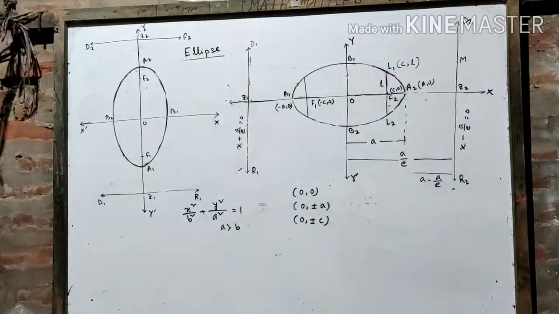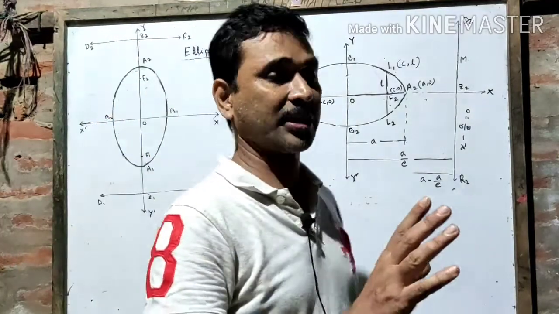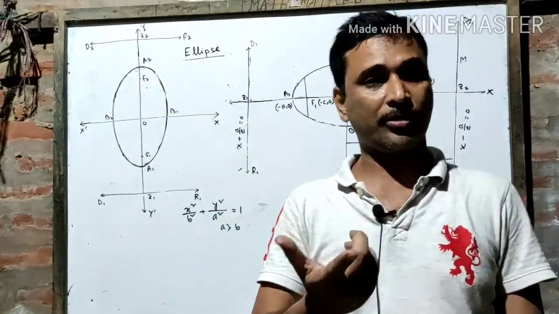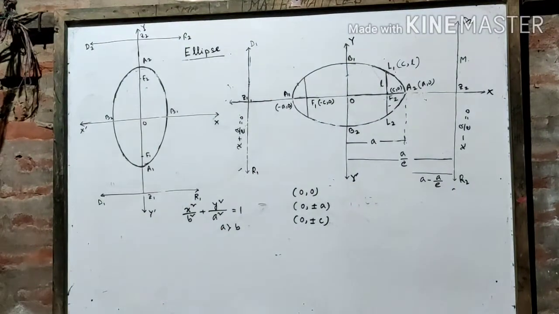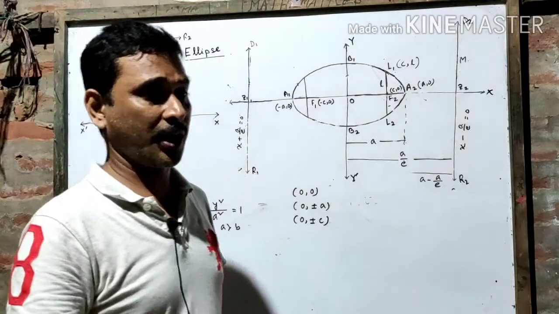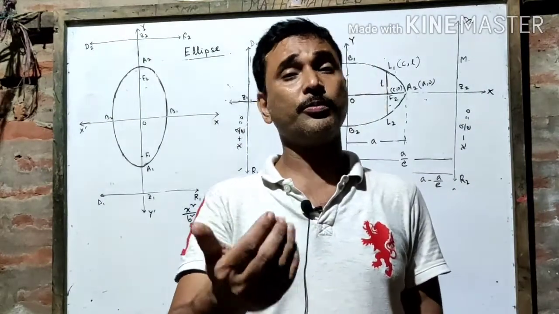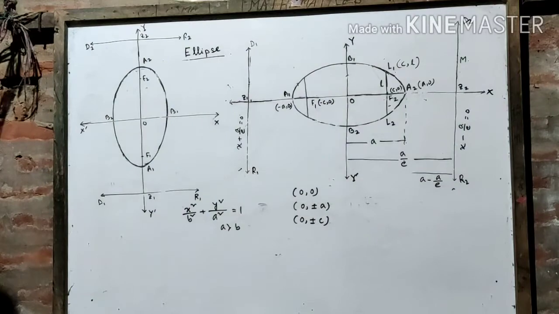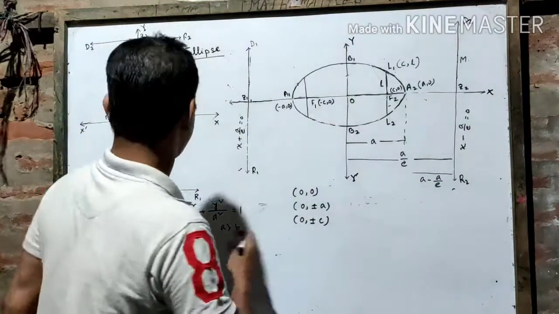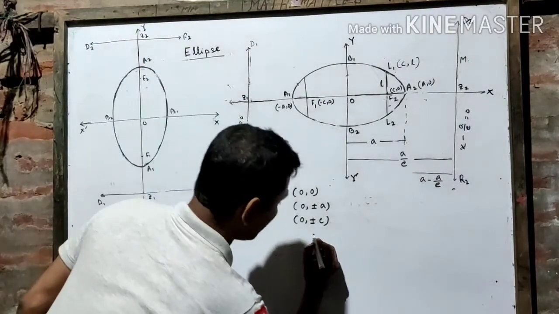Now let's come to the lengths. Length will remain the same. What is the length of major axis? Length of major axis is twice a, length of minor axis is twice b, if the equation is of this form. Length of latus rectum is 2b square by a. Again, in case of equations there will be a change. What is the equation of major axis? Here the equation of major axis becomes x equal to 0.